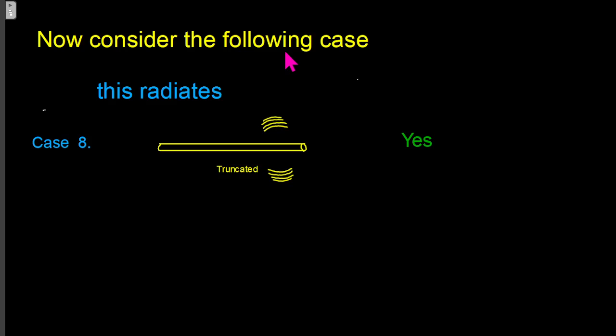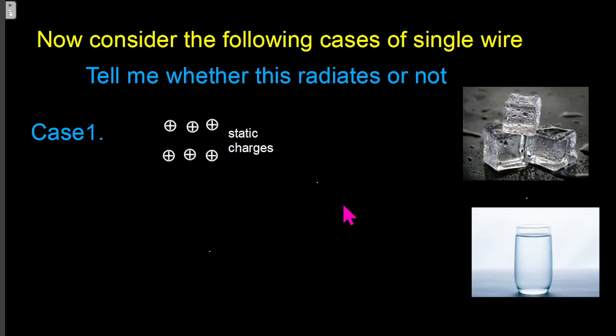I hope that you might have understood, but I want to make an analogy of this radiation with leakage. The radiation itself is the loss of energy. Electrical energy is being lost because of discontinuity, because of alternating current, because of the bend.